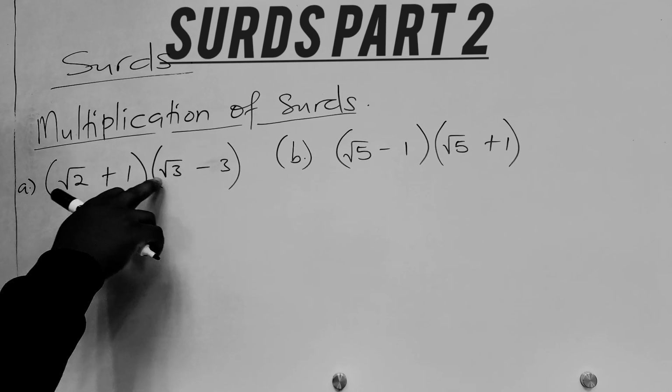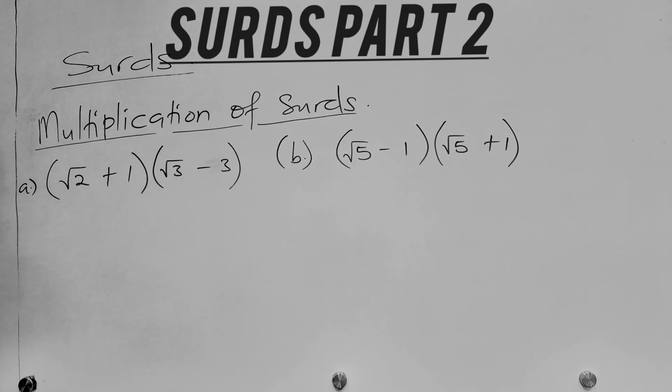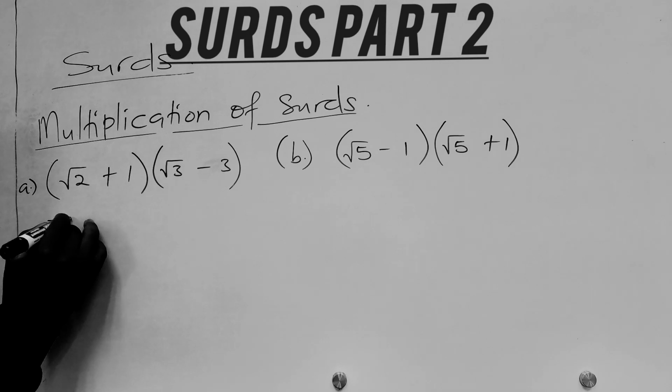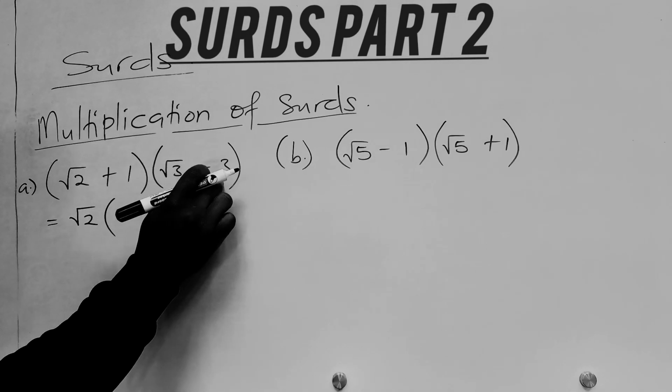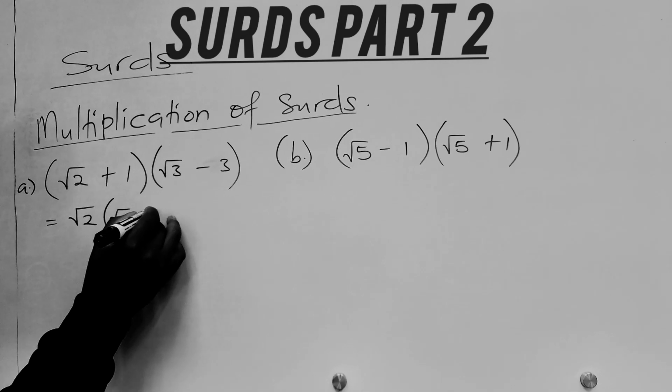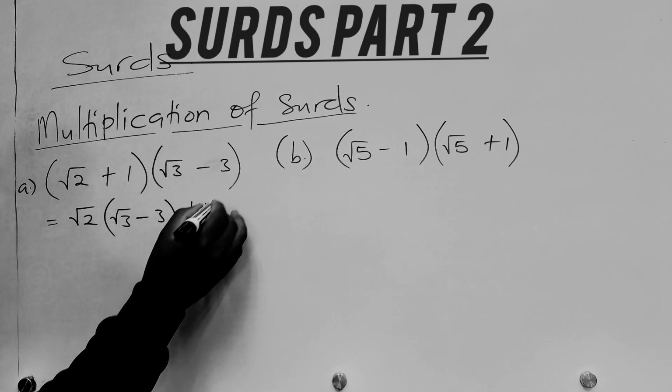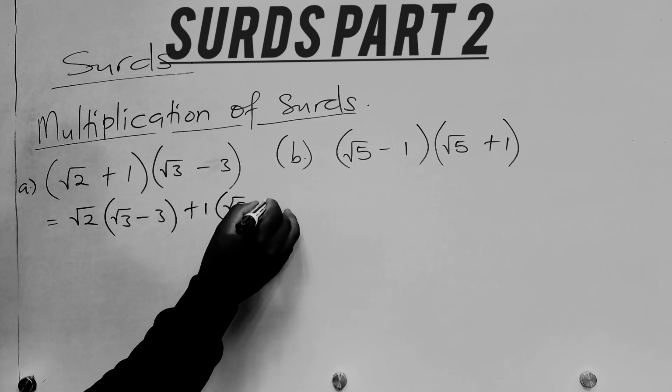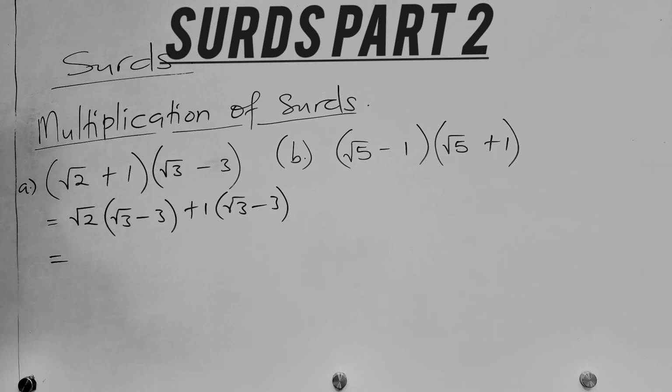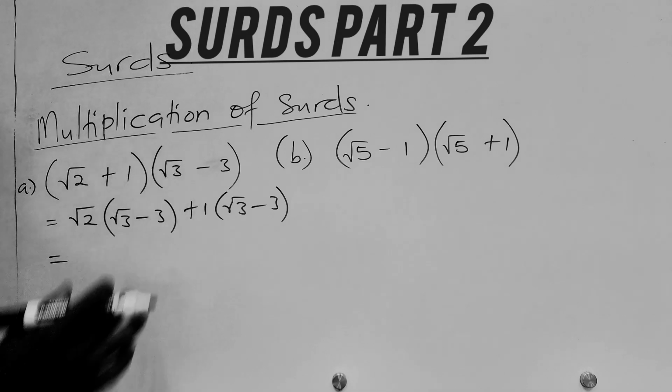From there, 1 multiplies root 3 and minus 3. So root 2 is multiplying this bracket, which is root 3 minus 3, and plus 1 is multiplying that bracket again. I'm sure it will be easier for us to understand the FOIL method than doing it straight on this.